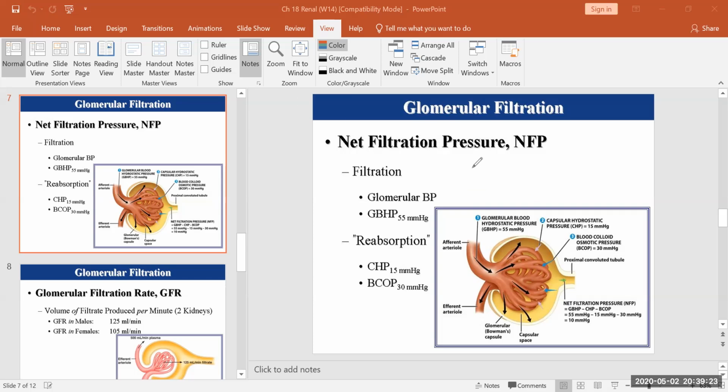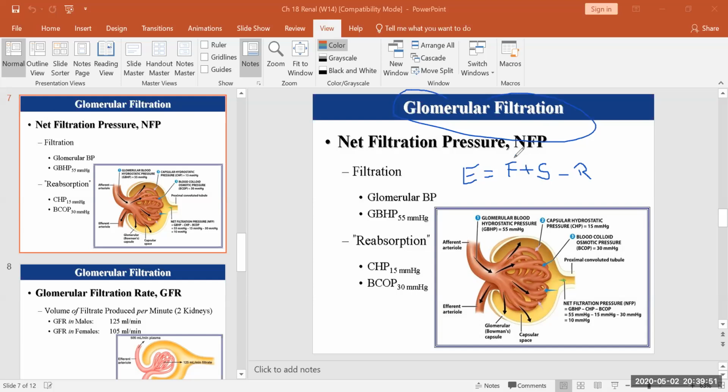So when we talk about urine, it's basically urine excretion here. E equals filtration plus secretion minus reabsorption. So what F here, we are talking about this one, glomerular filtration.